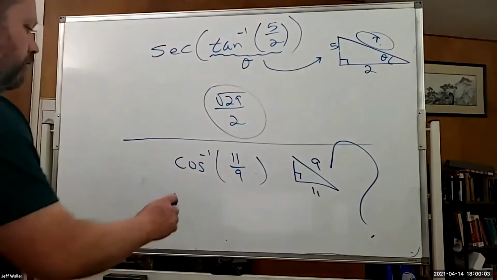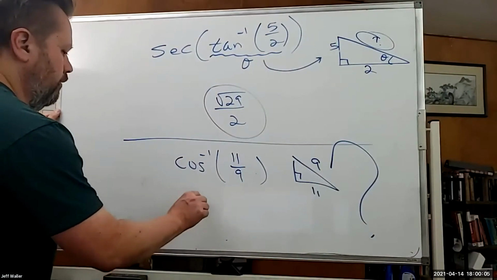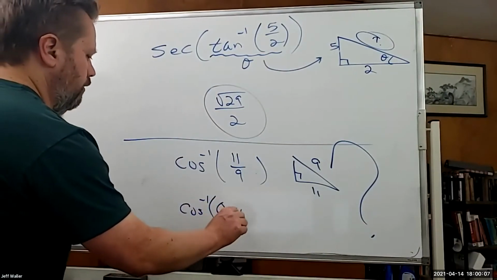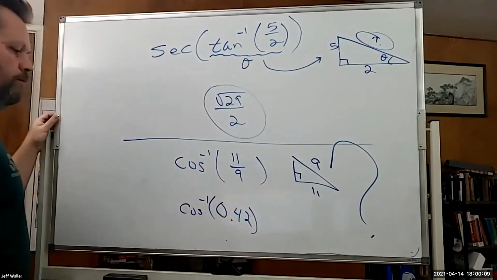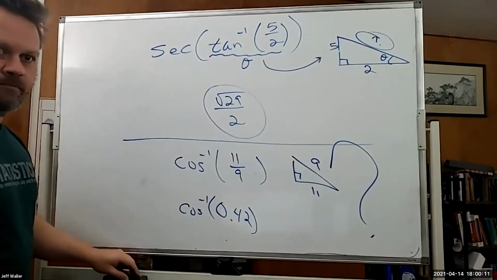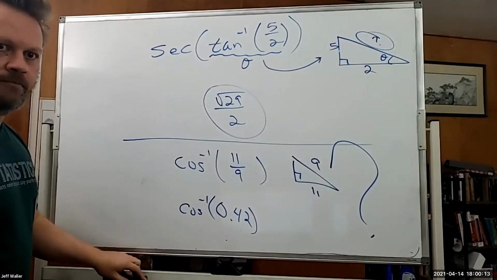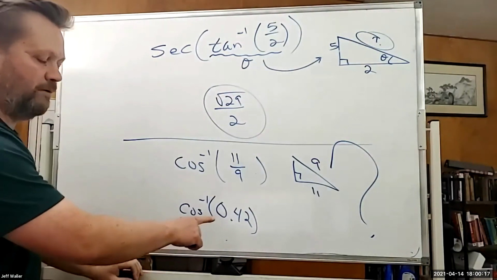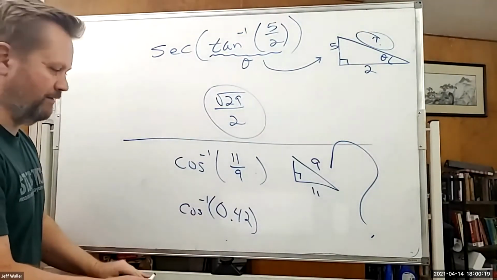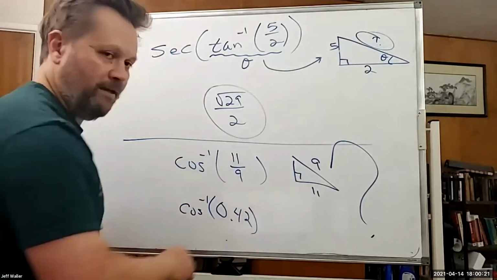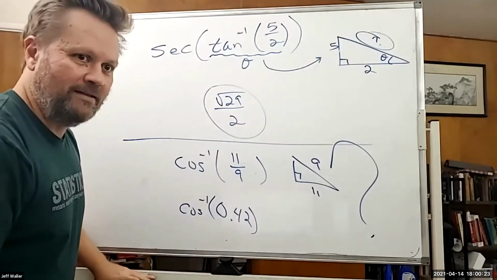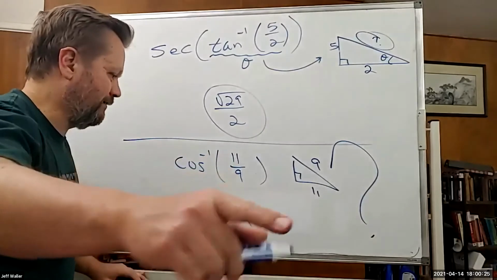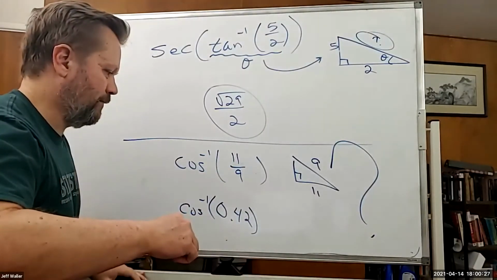Gotcha. So should I be able to do this? Does anyone have an idea how to do this? Without a calculator, exactly. Is it 42 over 100?